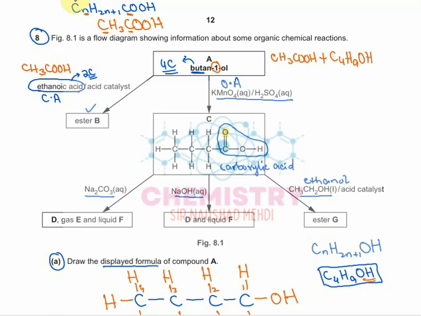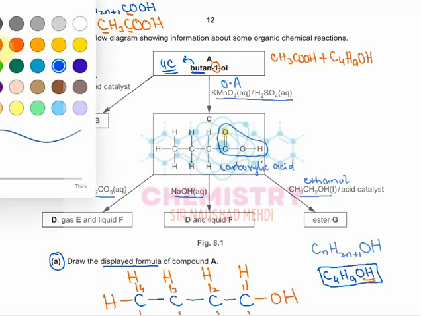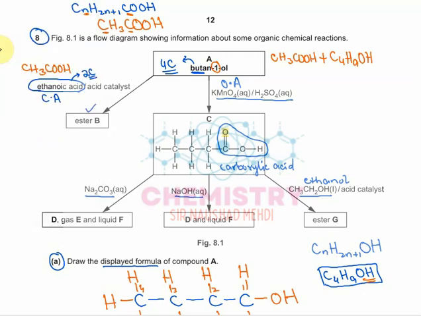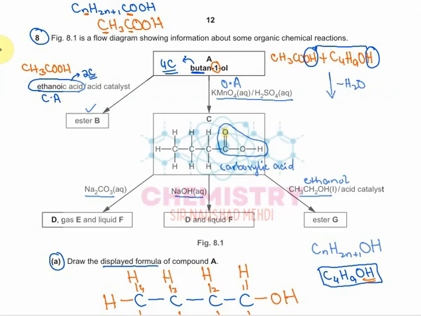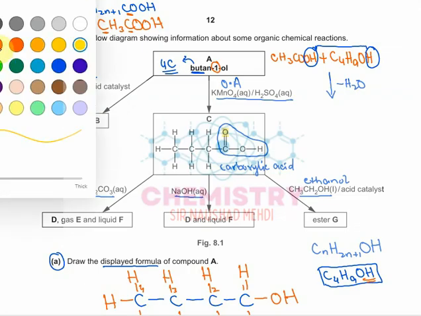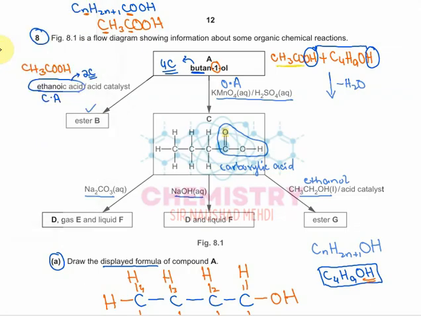If you combine the carboxylic acid and the alcohol, then an ester is formed. How is the ester formed? The OH from the carboxylic group and the hydrogen from the alcohol group are removed and combined together to form water. So I am writing minus H2O, the water will be formed. And the ester formation takes place in a way that this is what is left, CH3CO.